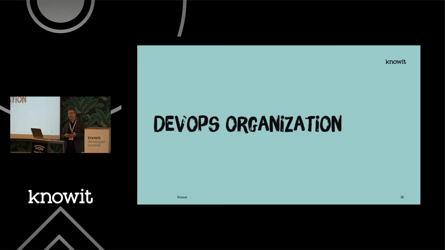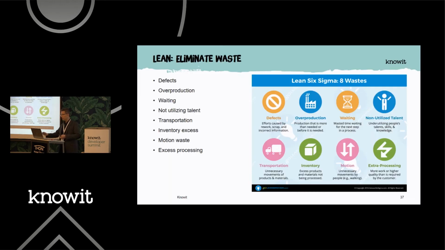Now, how would you then develop your organization to be more DevOps? As you remember from some earlier slides in this show, Lean and Agile are mentioned as the first thing. So it does make sense to try to apply Lean and Agile first. And Lean really means that you only do things that you need to do. If you would think about automation first, you would end up automating some things that are not needed.